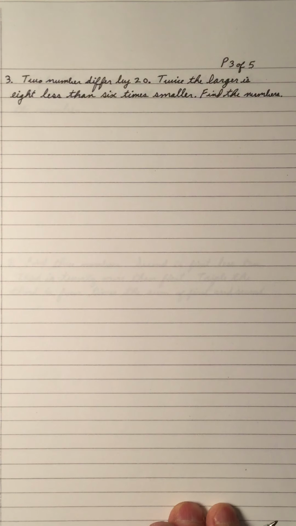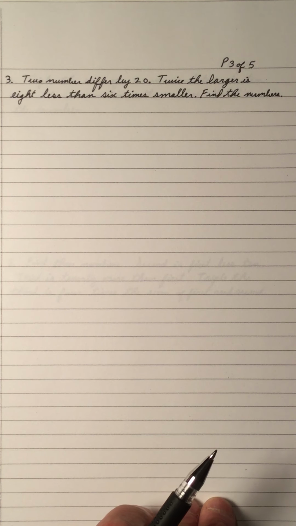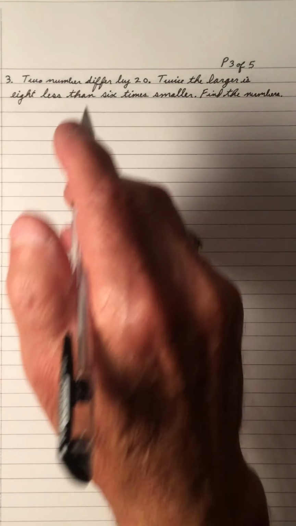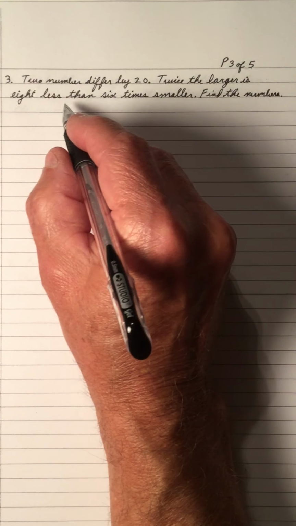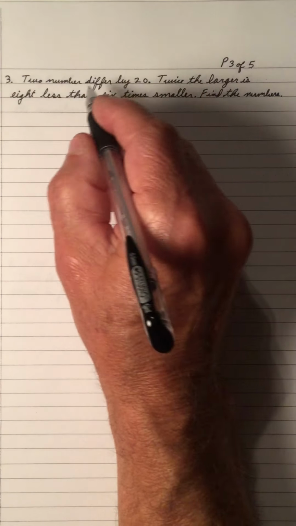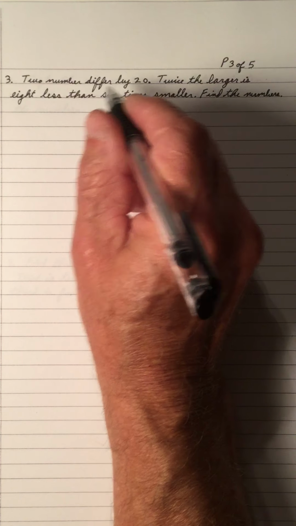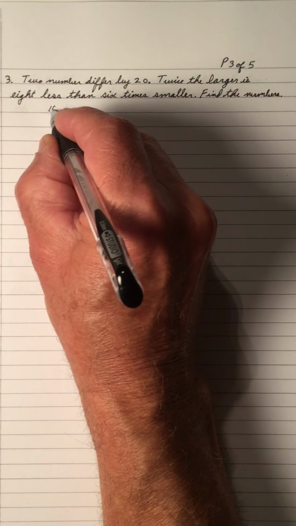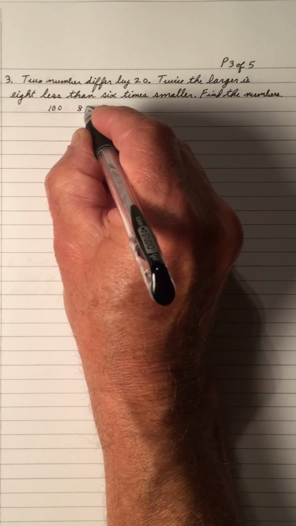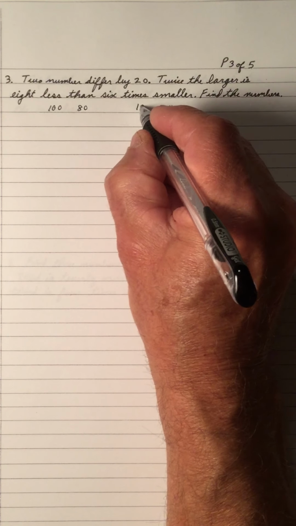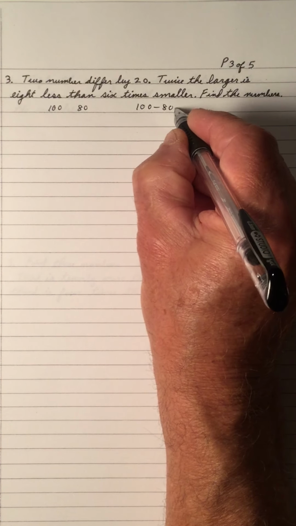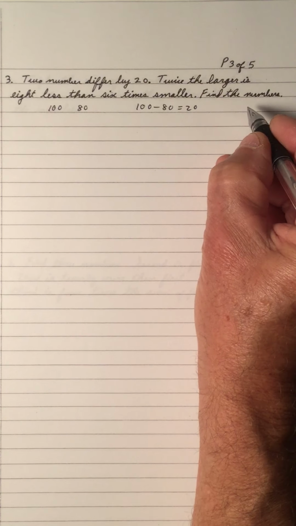Let's continue. Number 3, two numbers differ by 20. Twice the larger is 8 less than 6 times the smaller. Find the numbers. Let me explain what it means to differ by 20. Let's take 100 and 80. If we take 100 and subtract 80, we get 20.